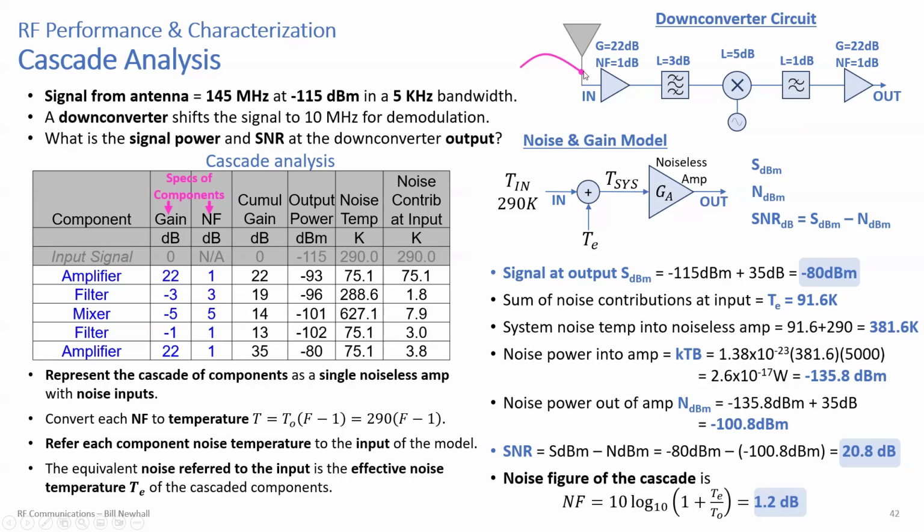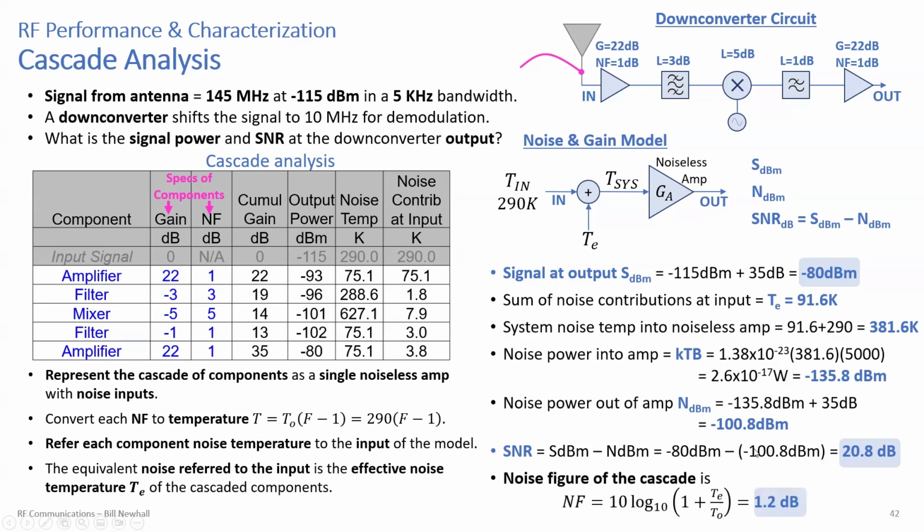If we have a minus 115 dBm signal at the input, we're going to have a minus 80 dBm signal at the output. And we're going to have minus 100.8 dBm of noise. That's the SNR, that's the difference. And the equivalent noise figure of the whole system is 1.2 dB.